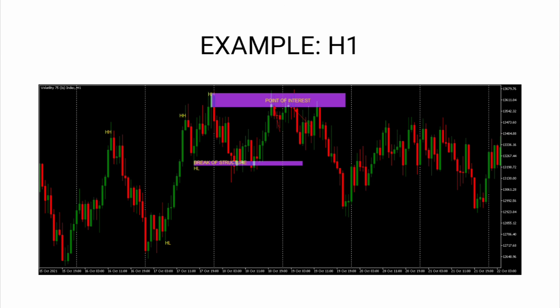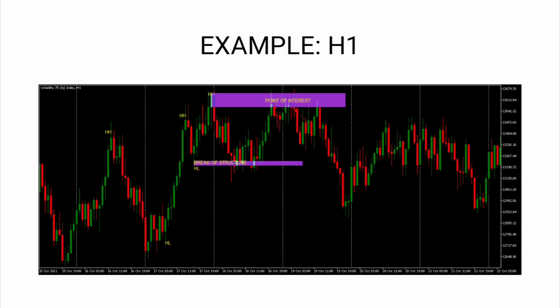So here's an example. We're looking at the V75 (1s) index on an hourly time frame. So like I said, if you're using 1 hour time frame to analyze, then definitely you will need to enter using an M15 time frame or an M5 or an M3 or an M1 time frame.